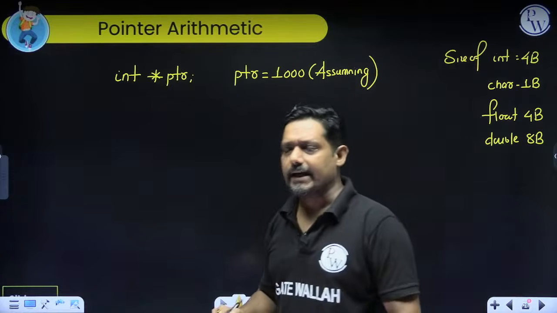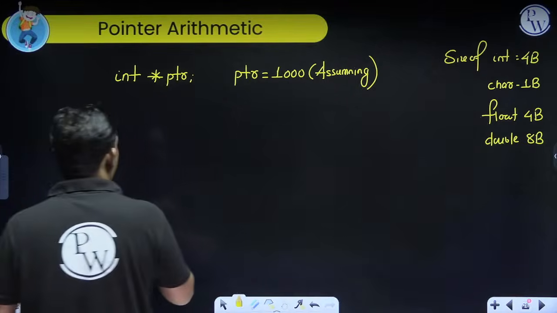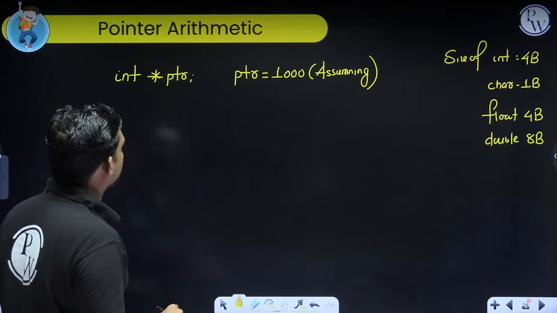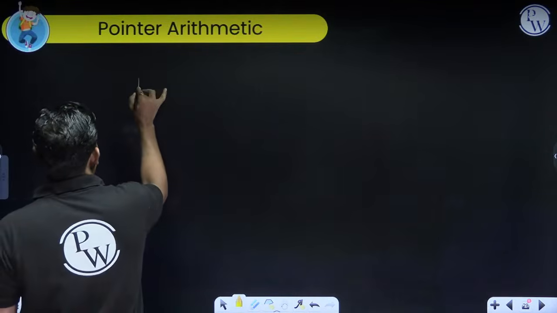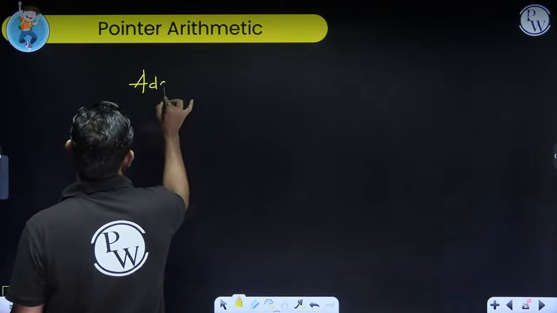Now, if I do arithmetic operations, pointer arithmetic, understand what is allowed: addition and subtraction with a constant.